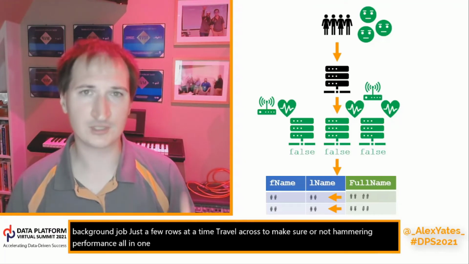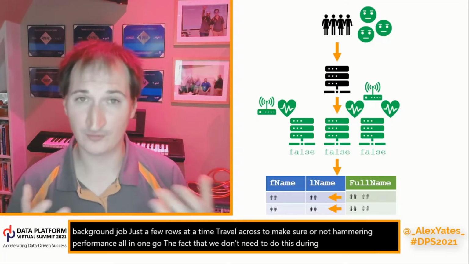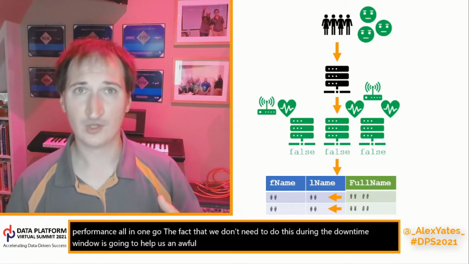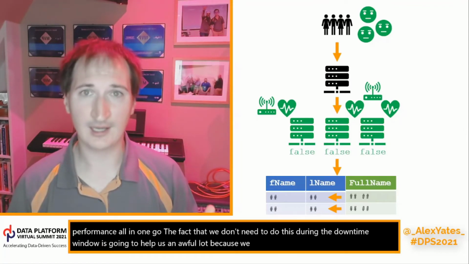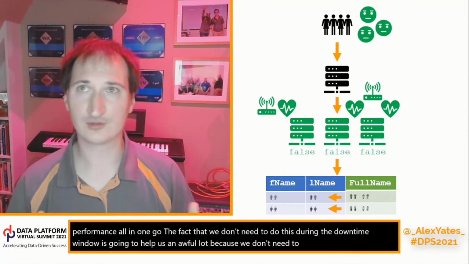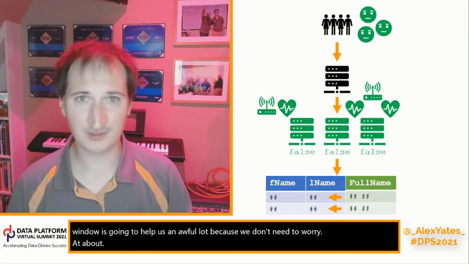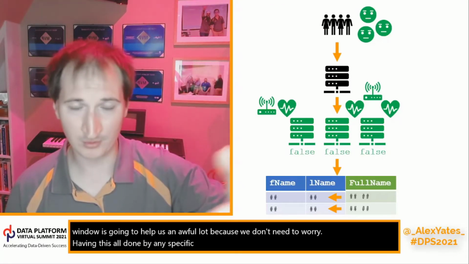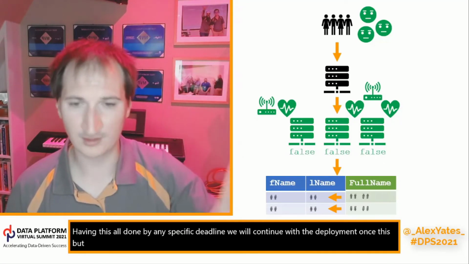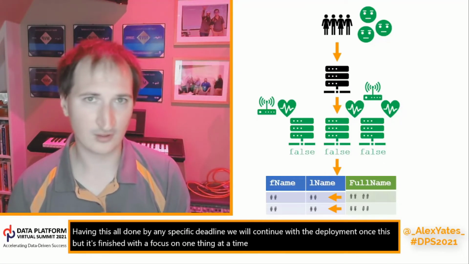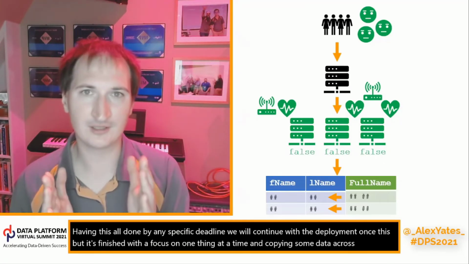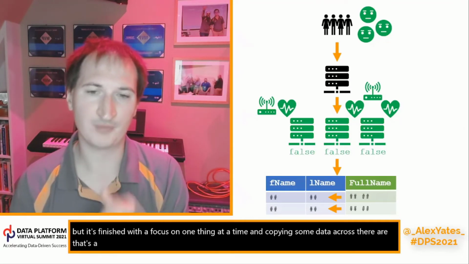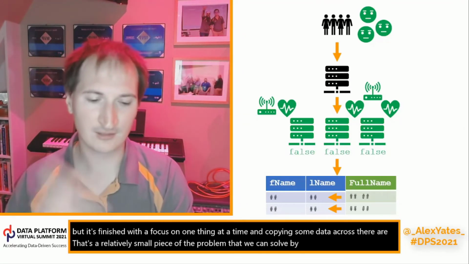The fact that we don't need to do this during a downtime window helps us an awful lot, because we don't need to worry about having this all done by any specific deadline. We will continue with the deployment once this bit is finished. We can focus on one thing at a time, and copying some data across is a relatively small piece of the problem that we can solve by itself, rather than having to get it tangled up with everything else.